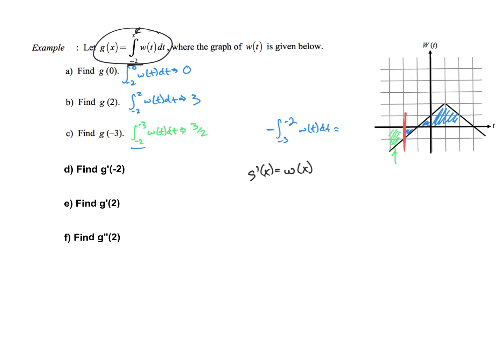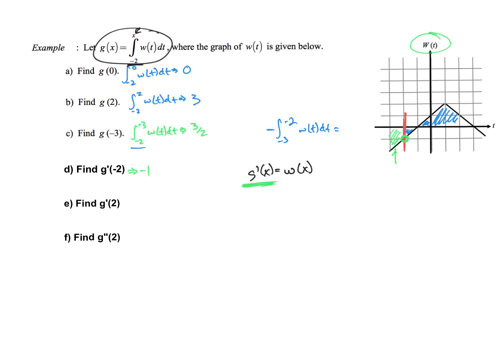So if I'm finding g prime of negative 2, that's actually just the value right there. Because this is a w graph, and a w graph is really a g prime. So what is g prime of negative 2? Negative 1.